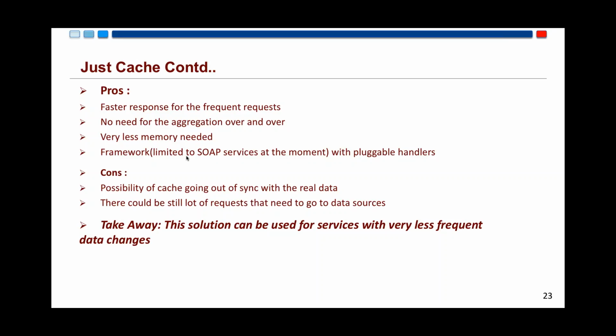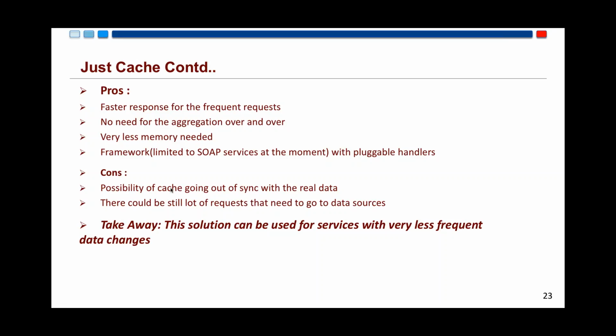But at this moment, they are limited to SOAP web services. We are working on common services for other types, like RESTful web services or flow services. The possible disadvantage of this solution is that the cache can still go out of sync.